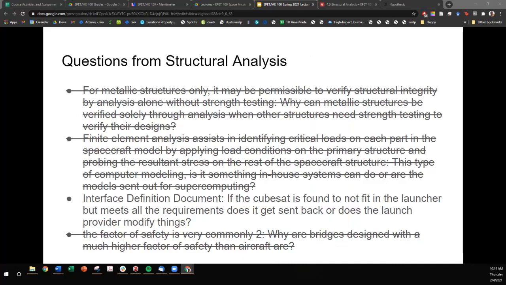Many launch providers do not modify your design for you, so they wouldn't mill your frame down. You would probably have to travel to the launch provider to modify things and do resulting analyses to make sure your factor of safety is still sufficient. So it's not a good look if your CubeSat is found not to fit in the launcher.